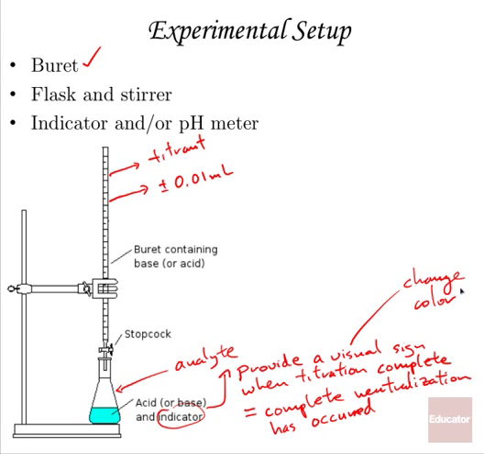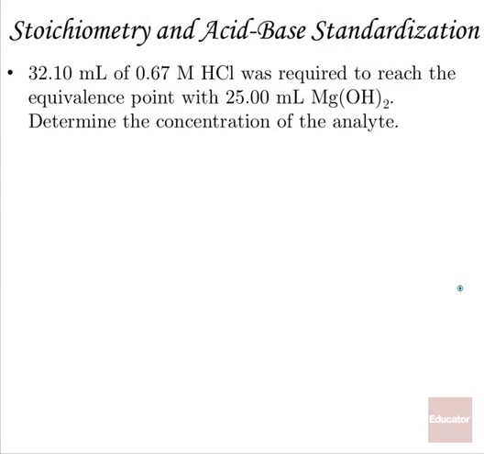All right then, let's go ahead and jump into a typical acid-base standardization problem. And we've got to get familiar with the terminology. 32.10 milliliters of 0.67 molar HCl was required to reach the equivalence point with 25 milliliters of magnesium hydroxide. Determine the concentration of the analyte. All right, first let's get some terminology out of the way.